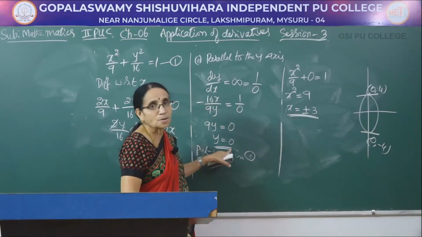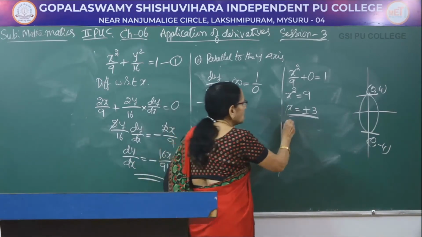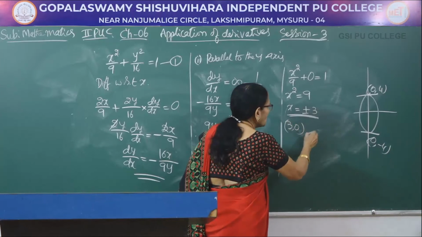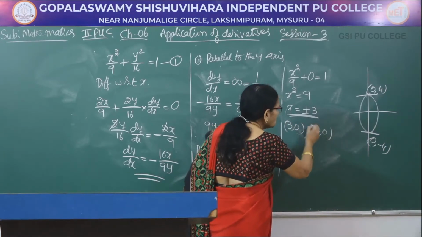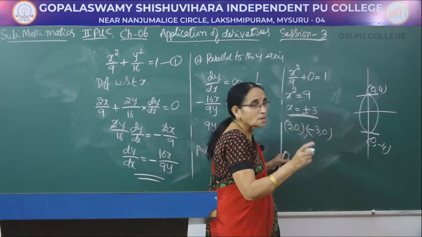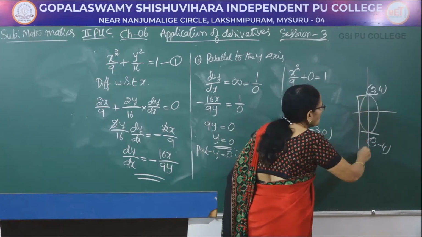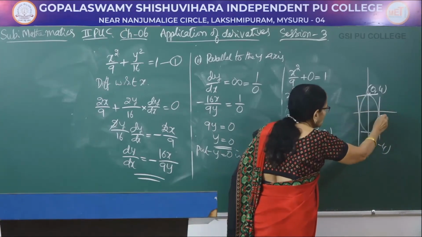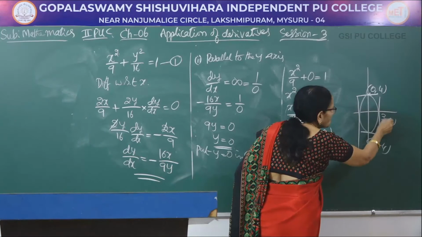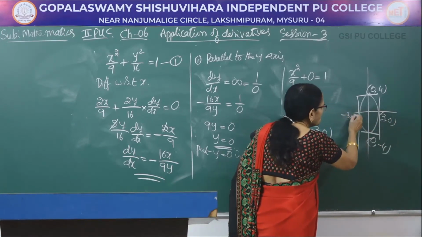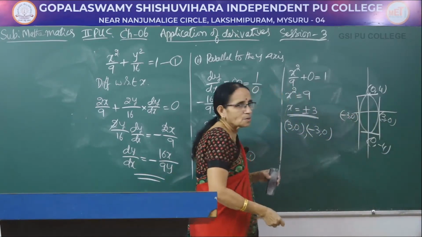The y coordinate is 0, fixed already. Therefore, the points are 3, 0 and minus 3, 0. So tangents parallel to the y-axis means one would be here, another would be here. This is having the coordinates 3, 0, and this is minus 3, 0.